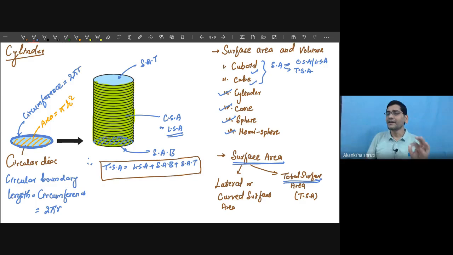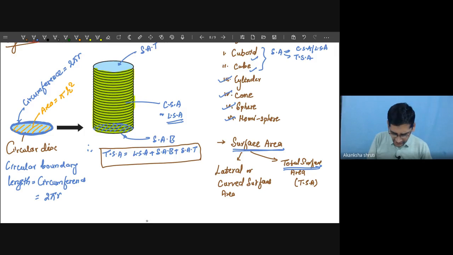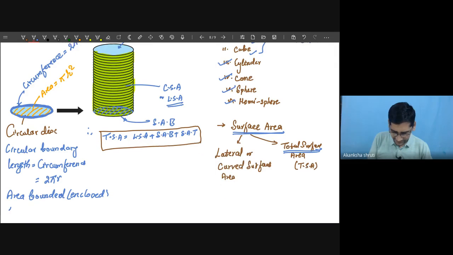It is just like a ring or like a circle. But area bounded, or sometimes also called area enclosed, mean the same thing, by this circular boundary or by the disc, we may write, or this circle, is the ring.